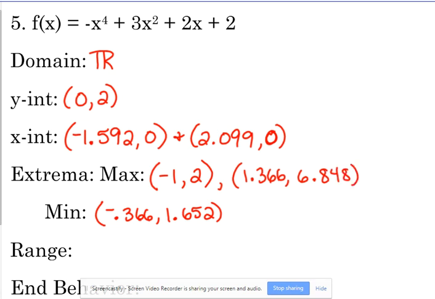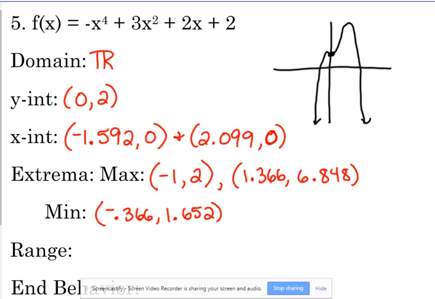Now, I'm going to really quickly sketch this up here so I can show you a couple of things that I want you to do on your paper. Here's what I want you to add to your paper. You should already have those vertical lines that are passing through your maximums and minimums.